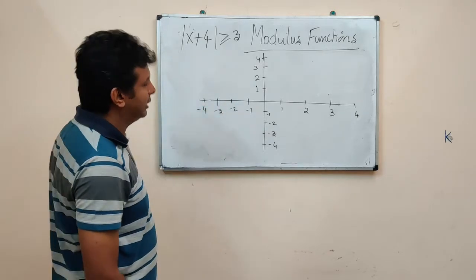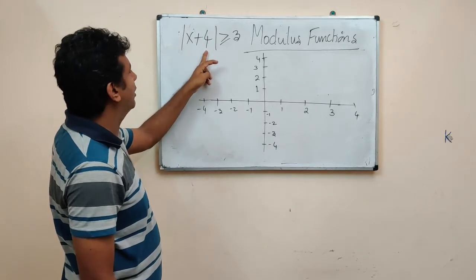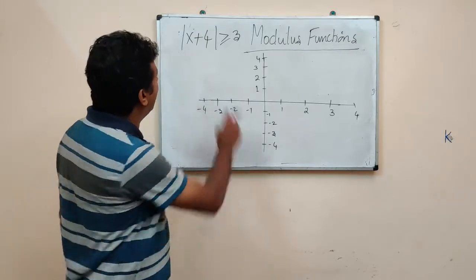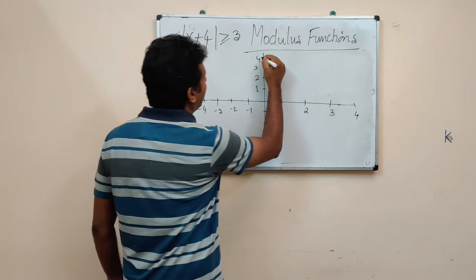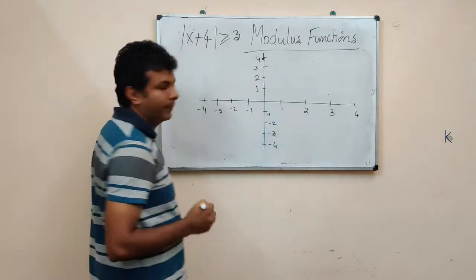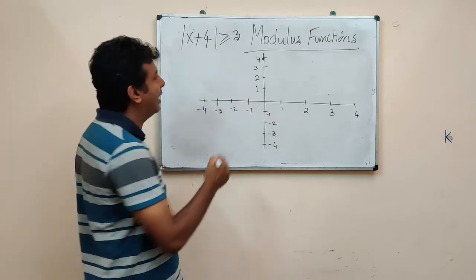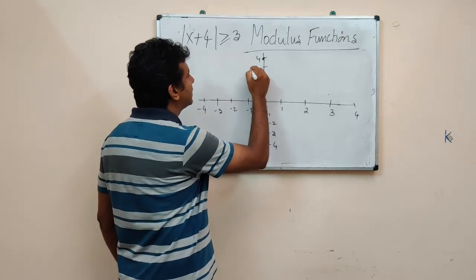Then the value x plus 4 will be 4, and that is greater than or equal to 3. So if x equal to 0, the value is 4. If x equal to minus 1, the value is 3.